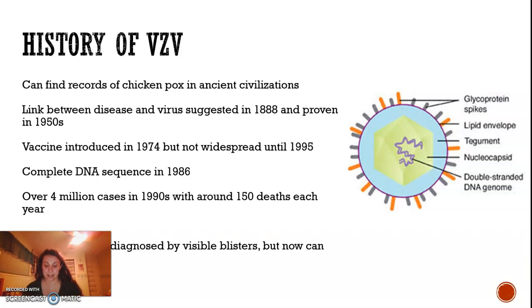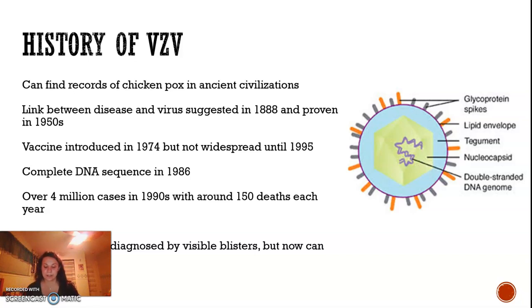But they were able to find the vaccine, which was introduced in 1974, and they were able to do some testing and trials, but they were not able to mass produce it until about 1995. They were able to do this when the DNA sequence for the varicella zoster virus was completed in 1986.